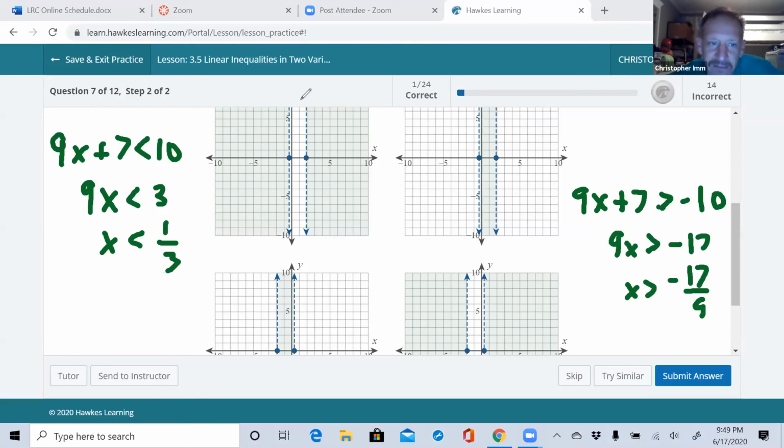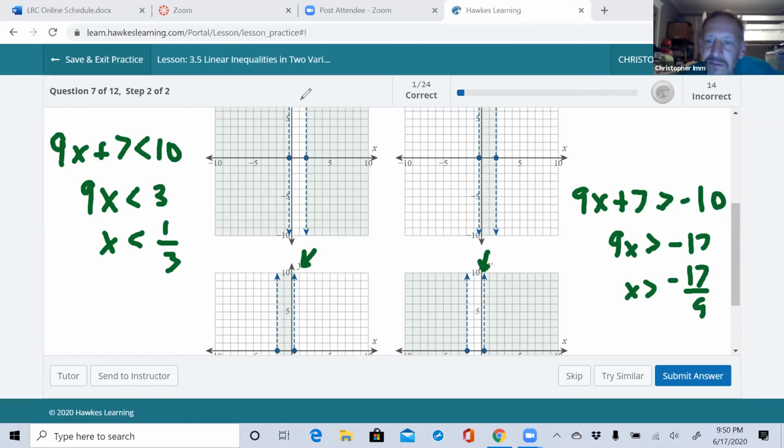So where is x less than 1/3? These two here look like an x is less than 1/3, or an x is equal to 1/3, I should say. So we're going to narrow it down to those two.